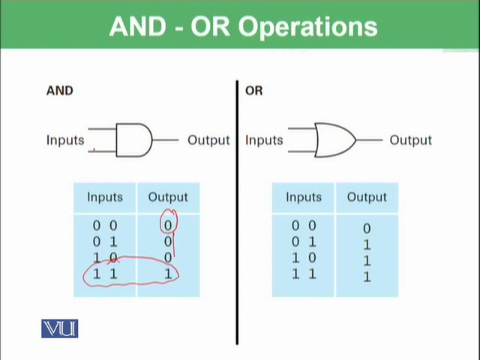Similarly, the OR operation has a different behavior. In the OR operation, if you have any input as 1, you will receive 1. So it produces an output of 1 when any of the inputs is 1.